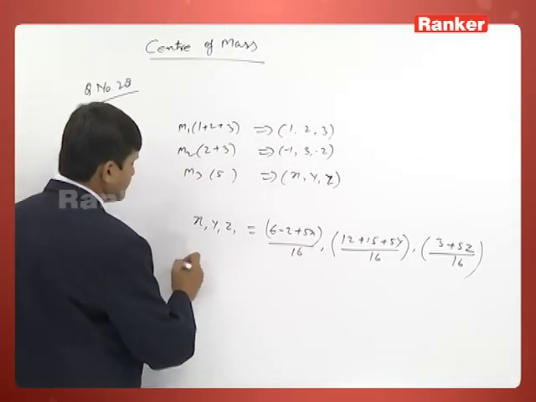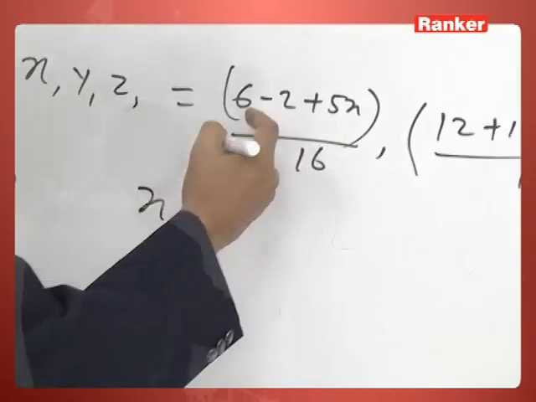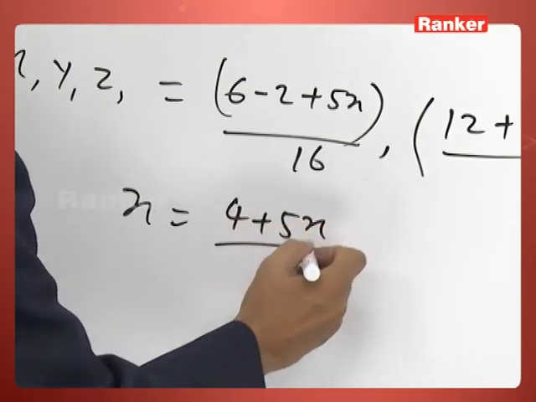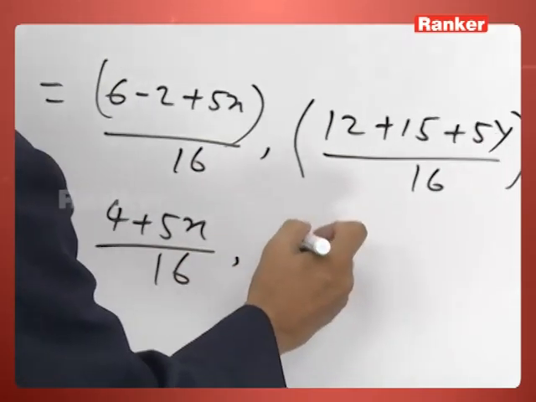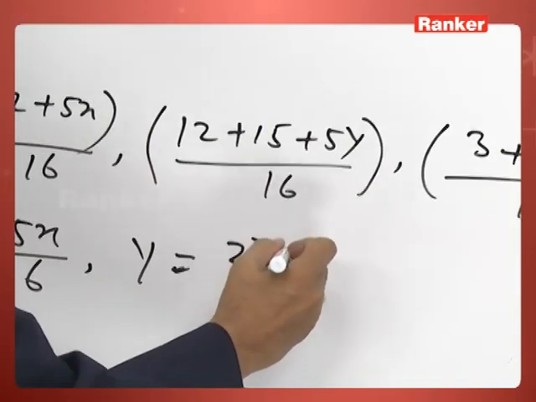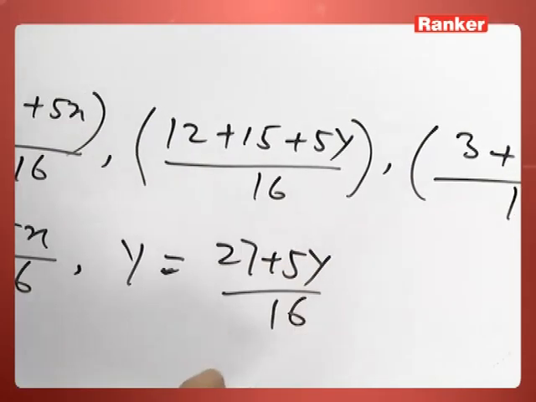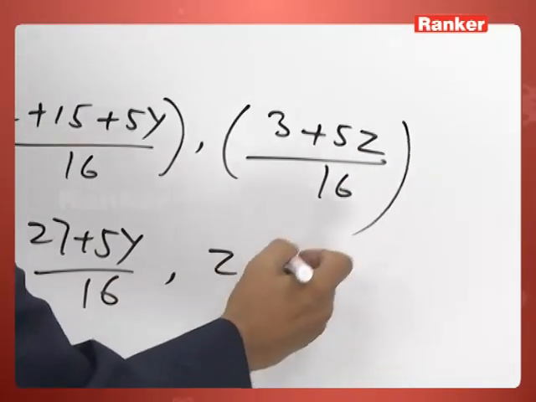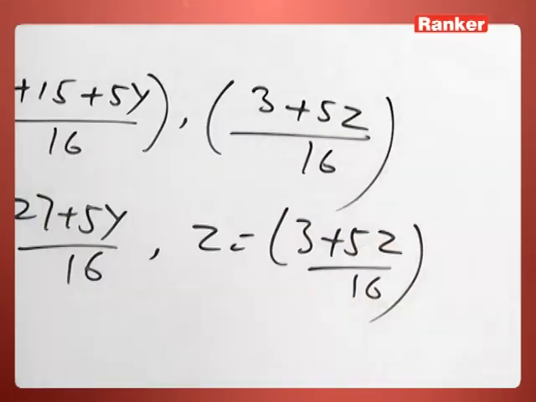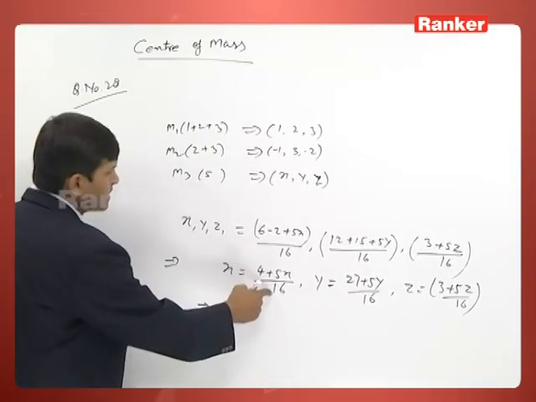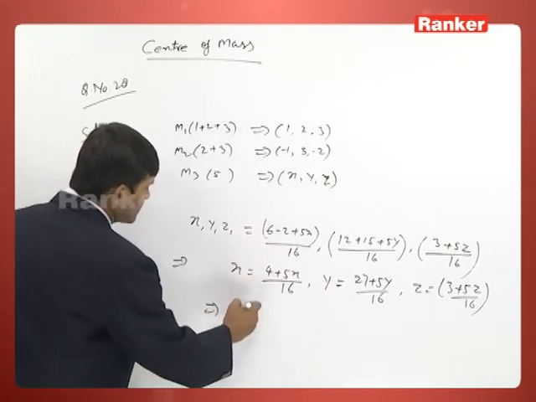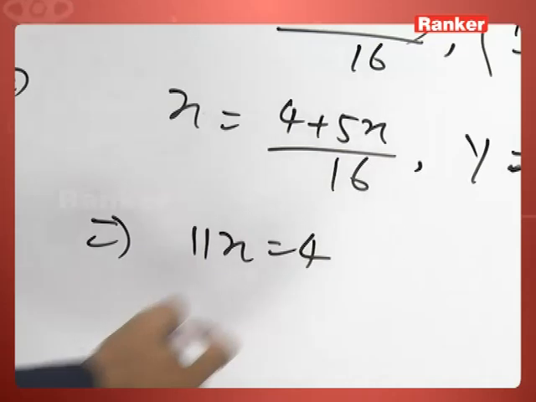These are all equal. x is equal to 6 minus 2, 4 plus 5x, by 16. Similarly, y is equal to 12 plus 15, 27 plus 5y, by 16, and z is equal to 3 plus 5z by 16. From here we get 16x is equal to 4 plus 5x, so that gives 11x is equal to 4.